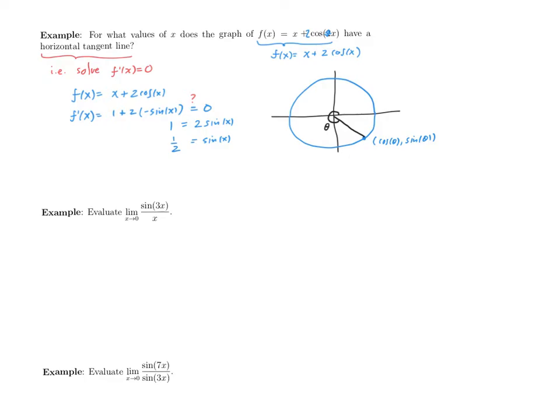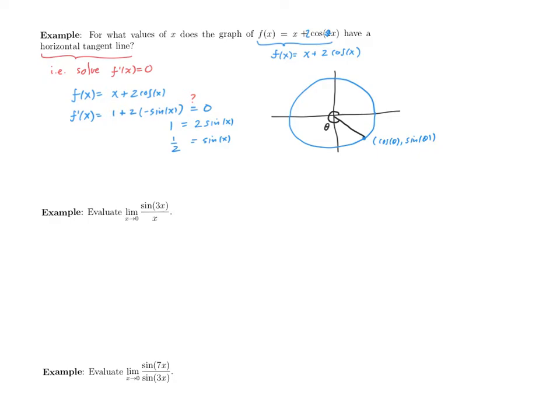And in calculus, we will always measure angles in radians unless otherwise specified. So if we want to know where sine of x equals 1/2, sine corresponds to the y-coordinate of a point on the unit circle.